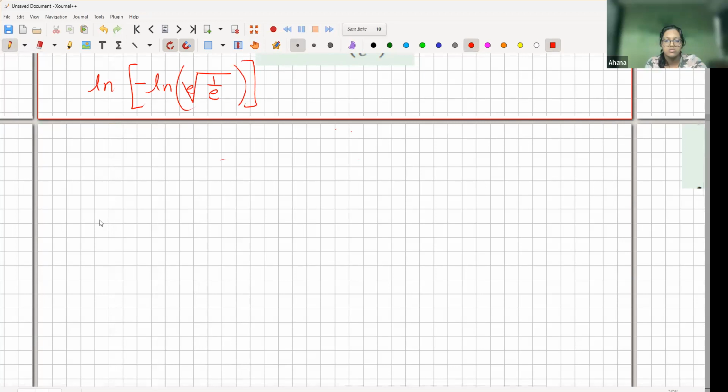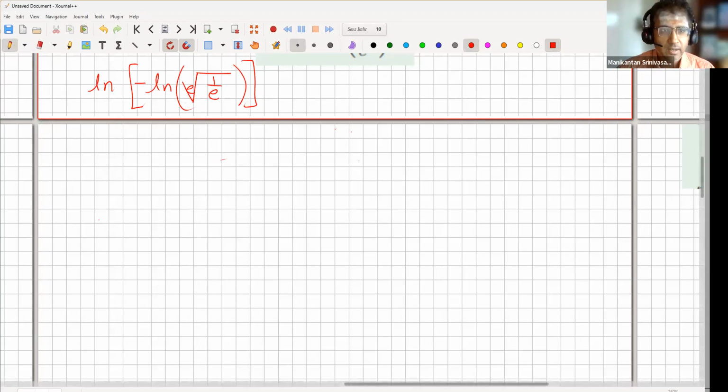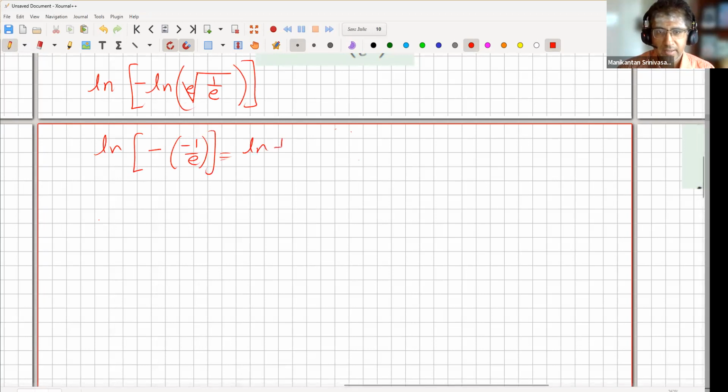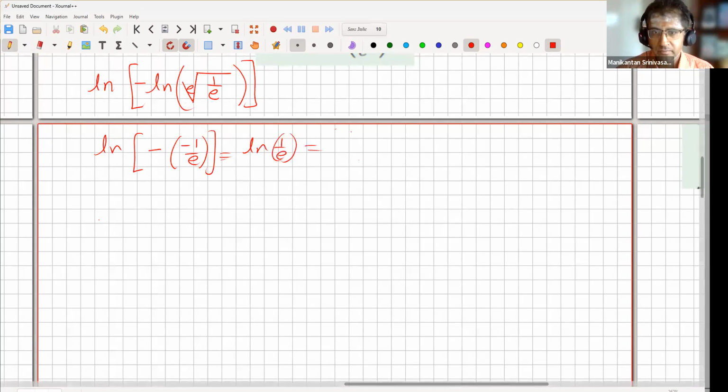Minus 1, because we already saw that the one within the brackets was minus 1 by e. Or rather without this. So now it just becomes ln of 1 by e, just minus 1. Very nice.